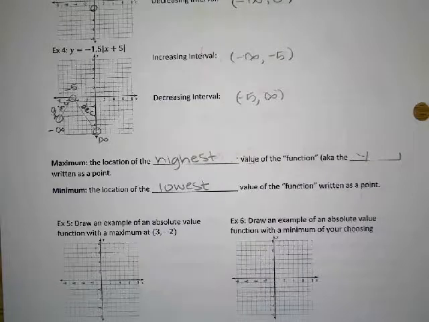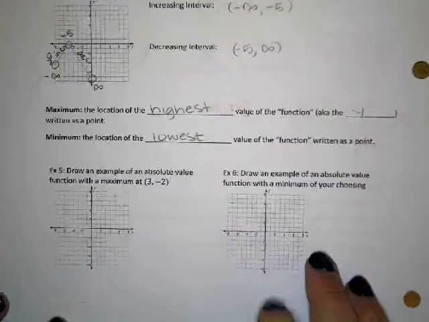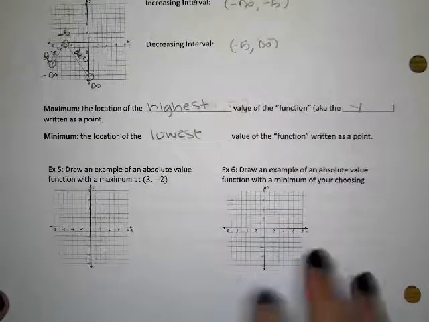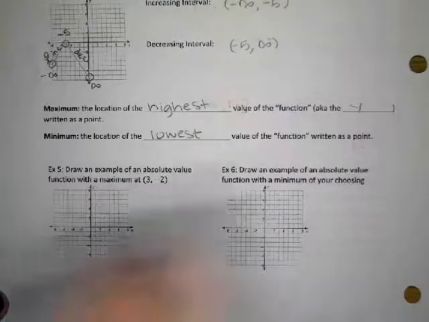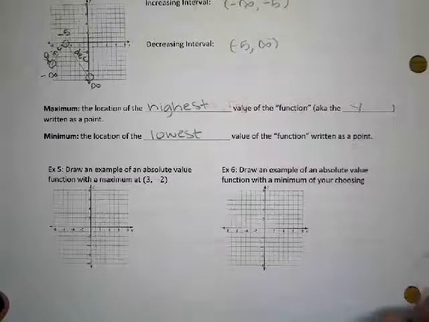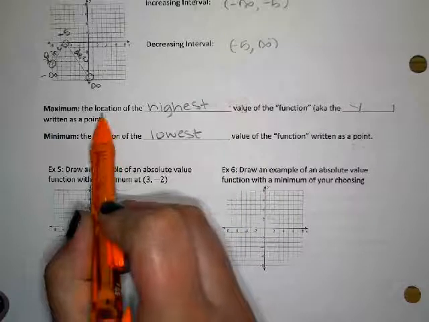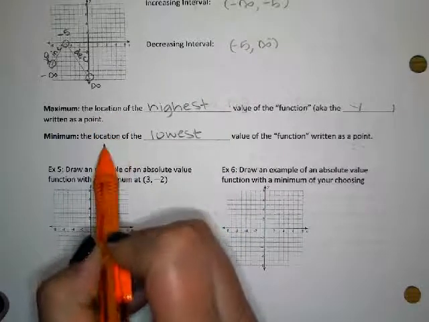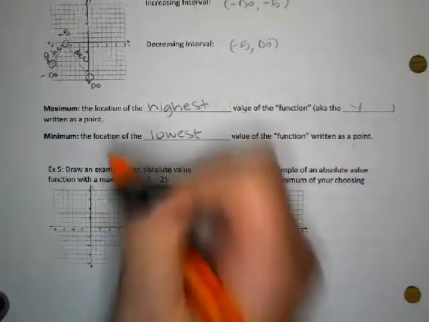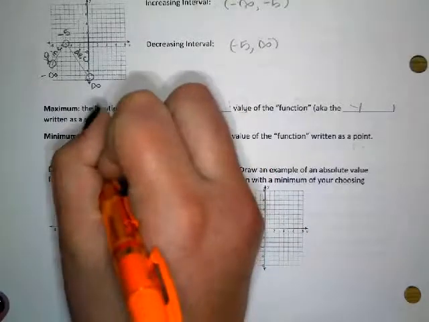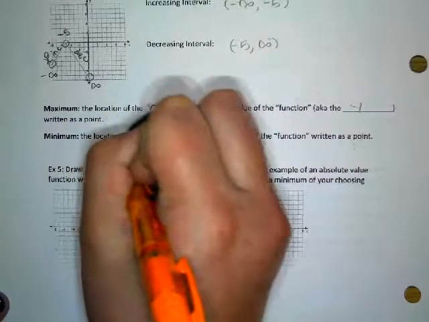Sometimes they'll phrase questions about maximums or minimums specifically, sometimes other things, and they'll say, like, where was the maximum located? Where was the minimum located? If they're asking you a where question, that's the location of something, and that's going to be talking about the x value. So I always write it like this. This helps me remember.